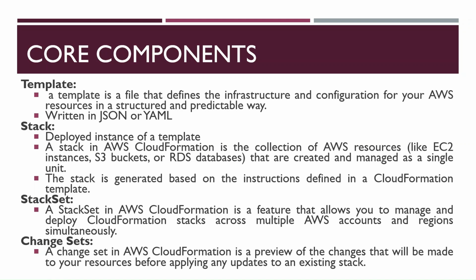For example, if you want to increase the storage of the server, the change set will show you this adjustment before making it live, helping you to avoid accidental changes. So these components together make CloudFormation a powerful tool to automate and help manage your AWS infrastructure.